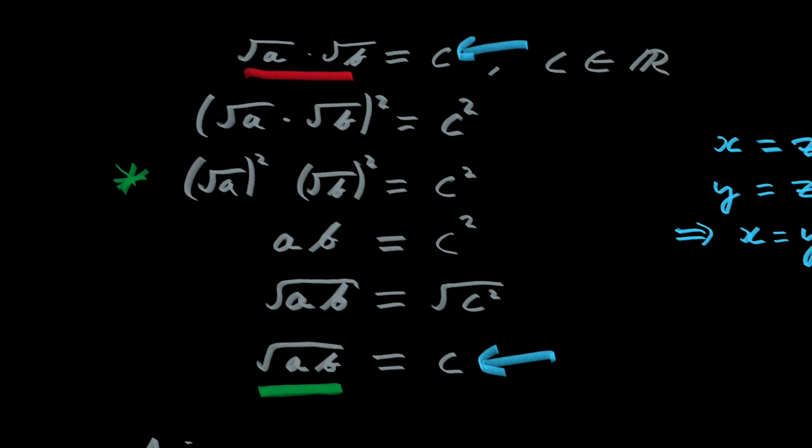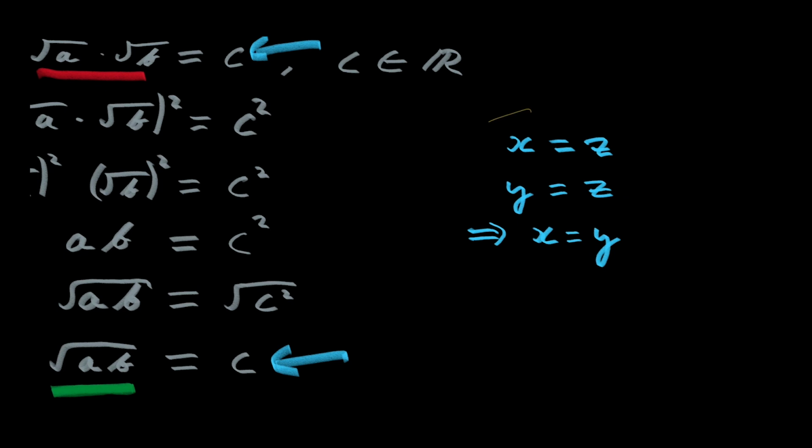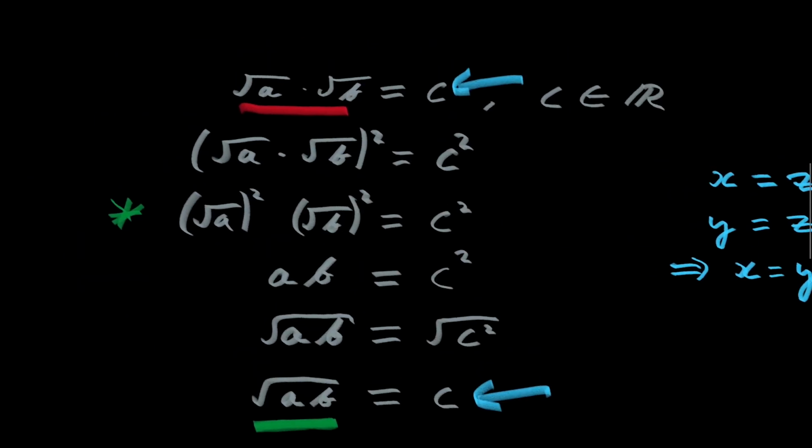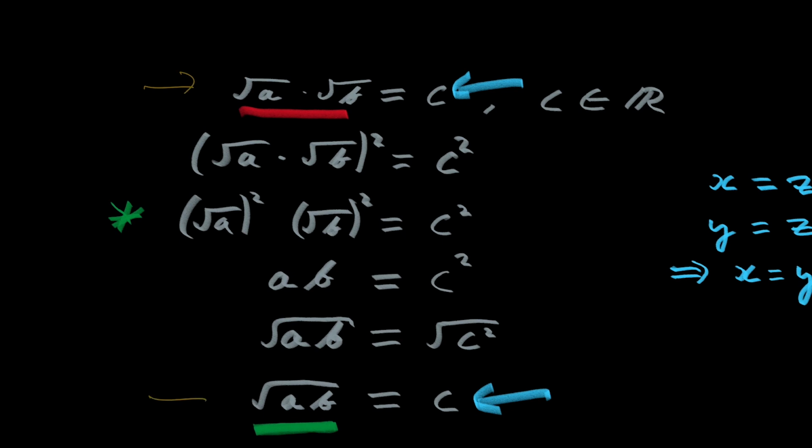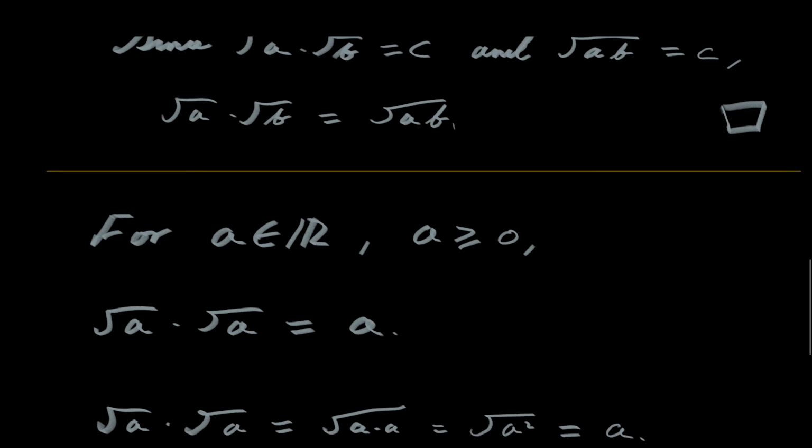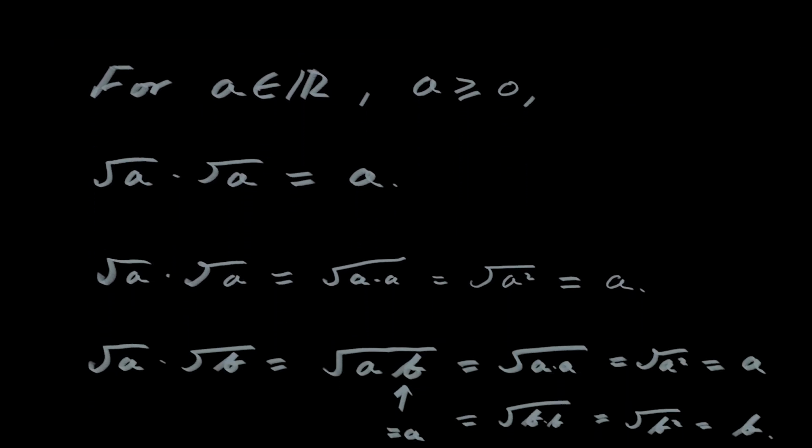And then we made use of a kind of inference like this to conclude that this thing here must be equal to that thing here, and that's exactly what the product property of radicals said. Then we looked at this supposed third property that often gets a mention in textbooks, and we realized that it's not really a third property after all, because it's just a special case of the product property of radicals where A and B happen to be equal.